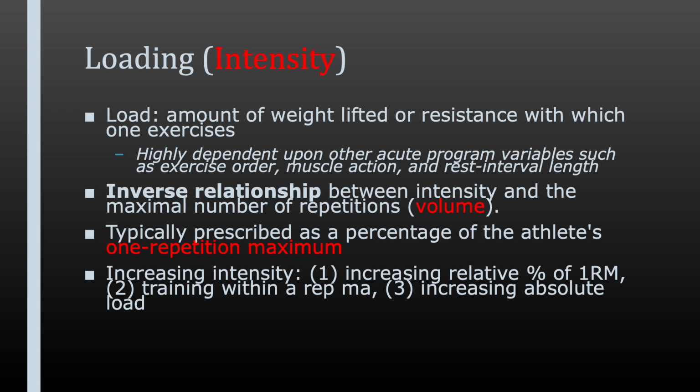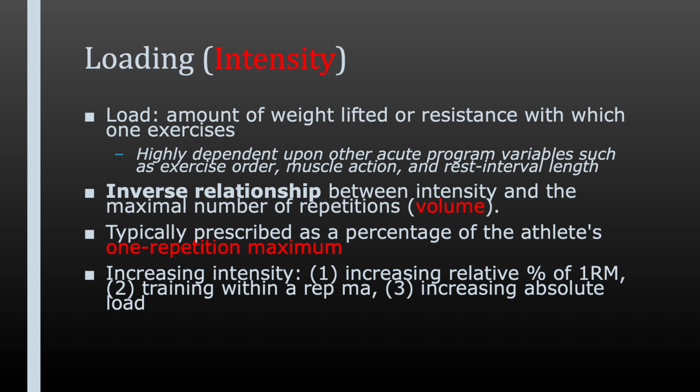So how do we increase our intensity? There's 3 different ways. We can increase our relative percentage of 1RM, meaning that 80% will continuously increase over time because that 100 pounds will slowly improve. 2, training with a rep max.